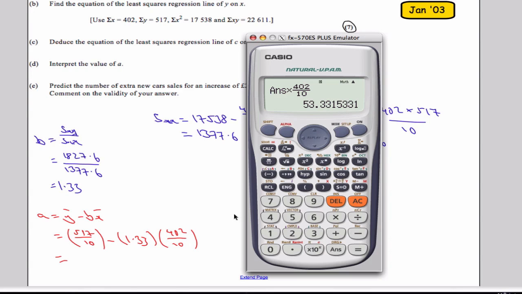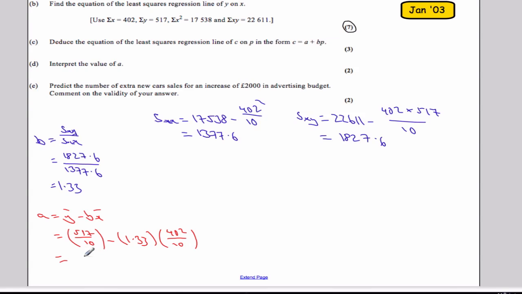Now I'm going to multiply it by minus 1 to take care of that, and then add on this part because this is positive. So add on 517 over 10. And we get A, which to 3 significant figures is minus 1.63.